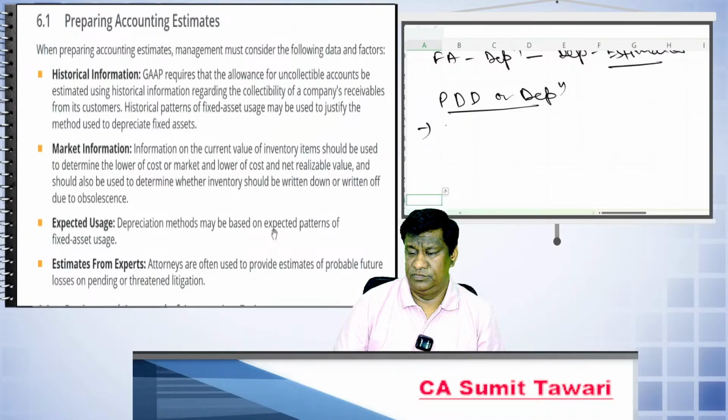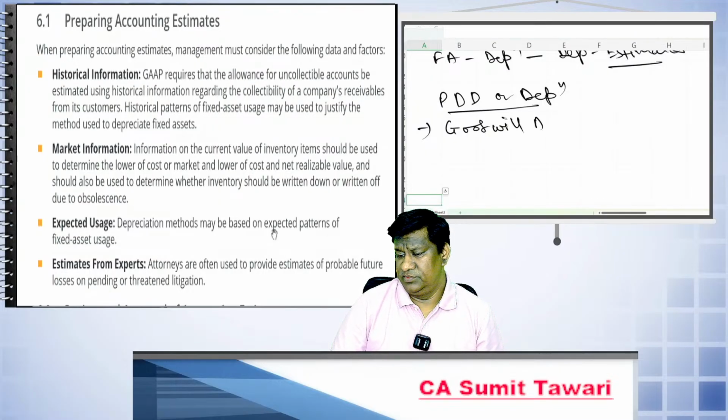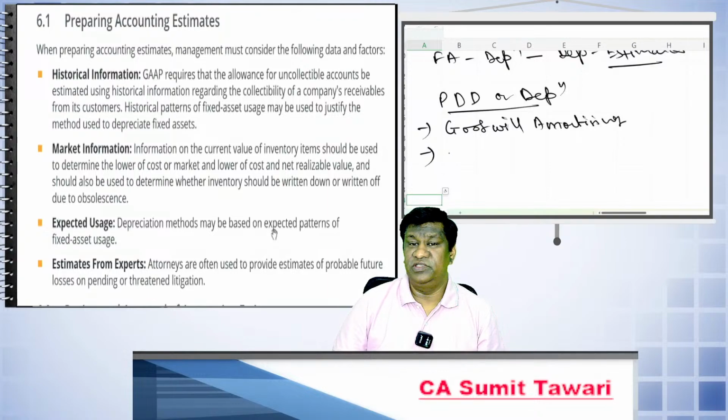So goodwill we are amortizing. Goodwill amortizing, yes. The provision for taxes. Provision for taxes is as per the tax rule. It is not an estimation.